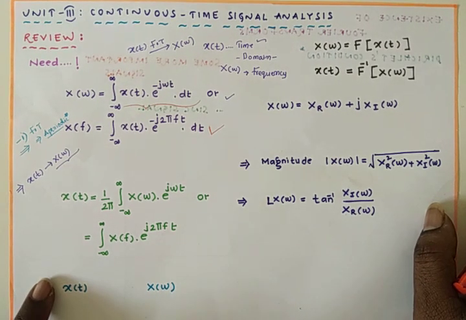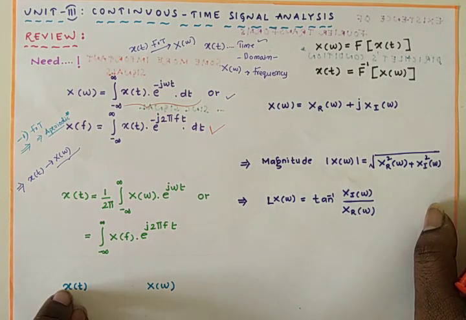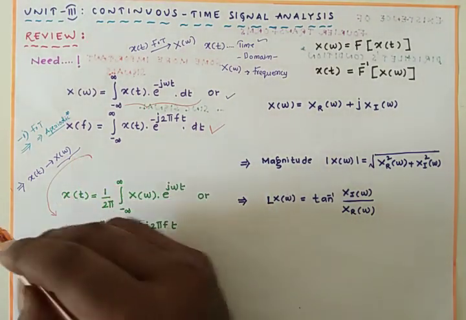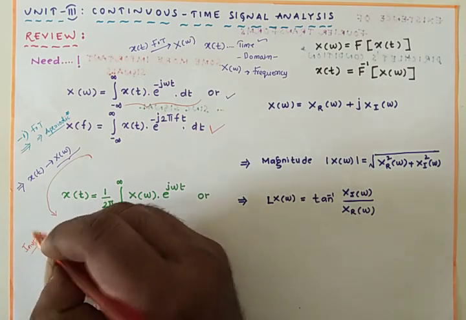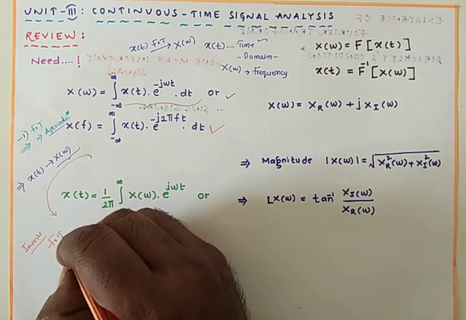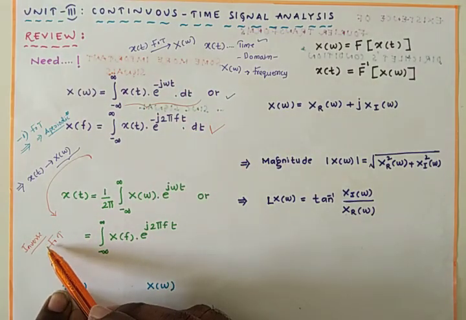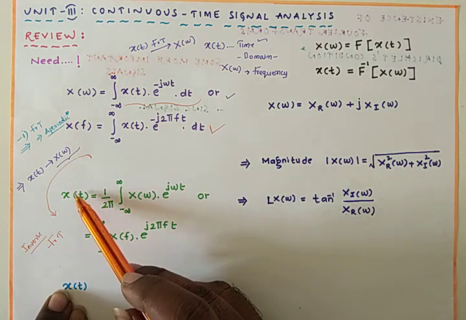Then if we have the frequency domain signal and we want to convert it into the time domain signal, this is called the inverse Fourier transform. The Fourier transform converts the time domain into the frequency domain, whereas the inverse Fourier transform converts the frequency domain into the time domain.